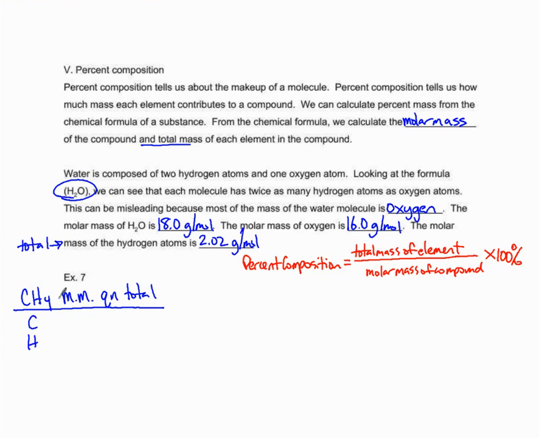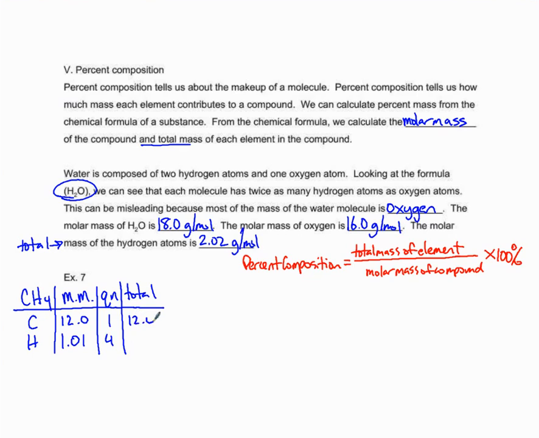Carbon and hydrogen are the elements involved. Molar masses from the periodic table: carbon 12.0, hydrogen rounds to 1.01. Quantity comes from the formula: 1 carbon, 4 hydrogens.